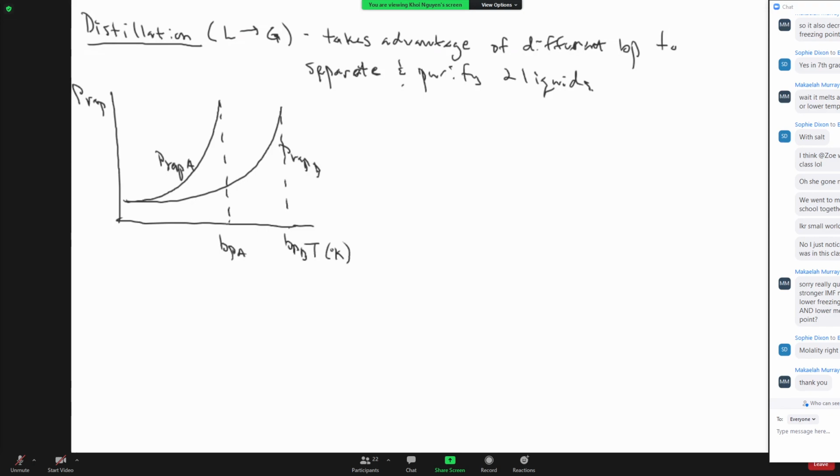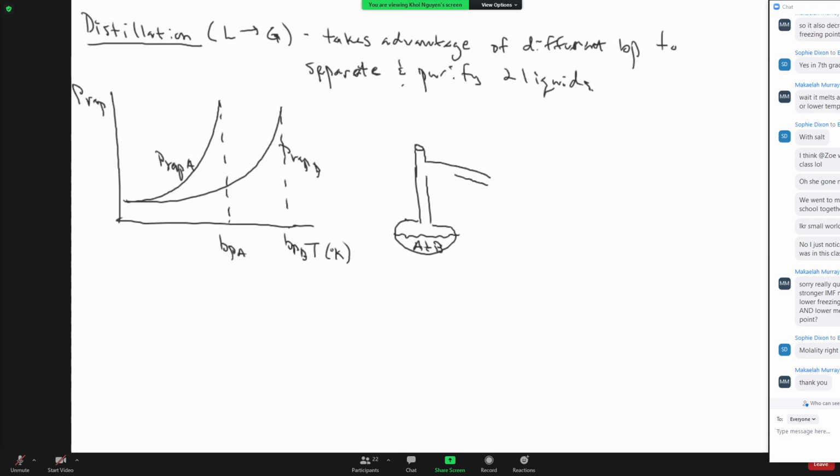So, how does distillation work? We usually have a container that has both liquids in solution form. We're going to heat it up. We're going to get that gas molecule to rise.